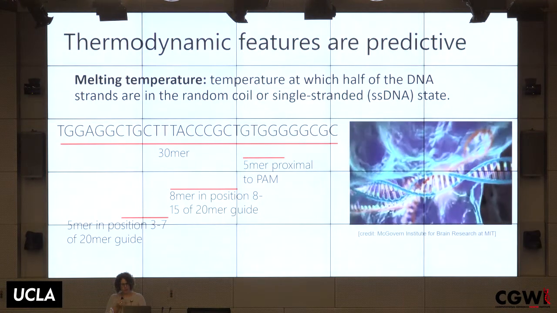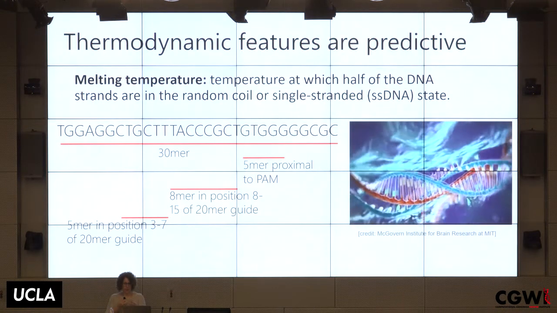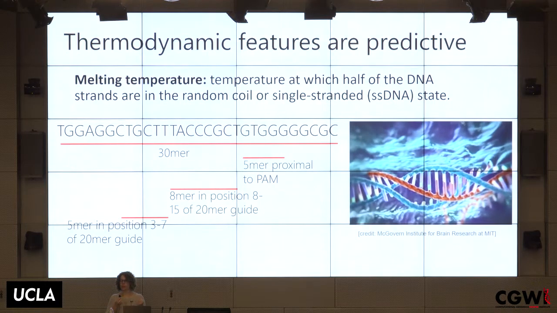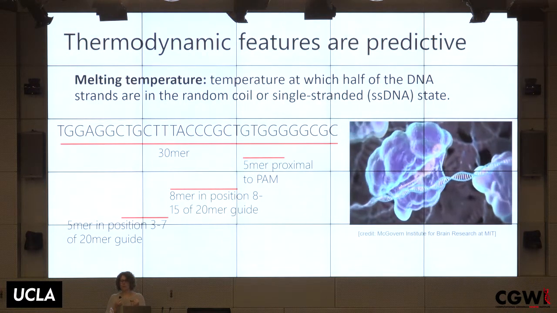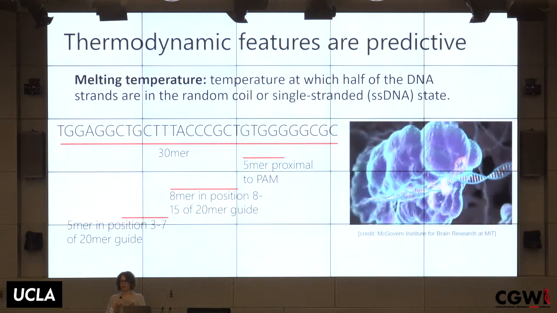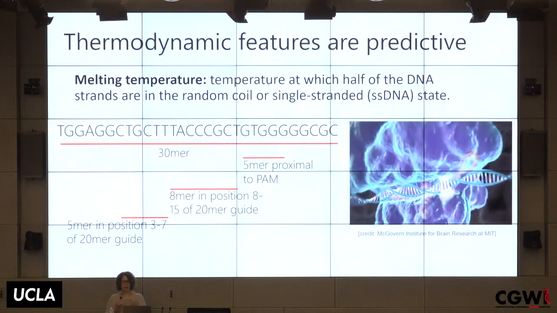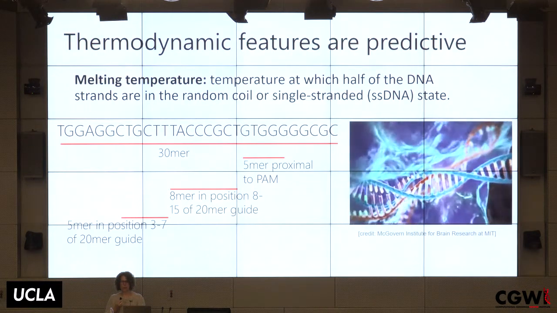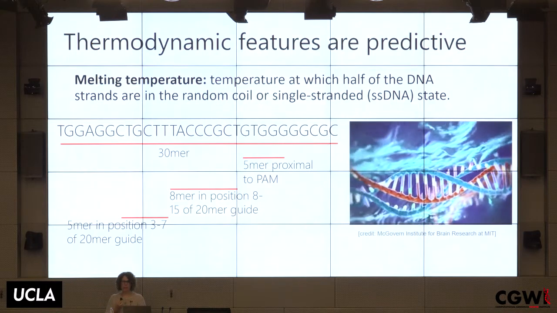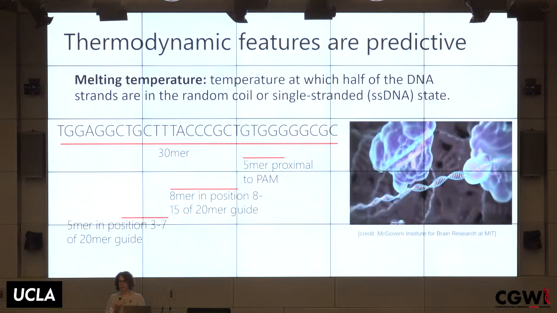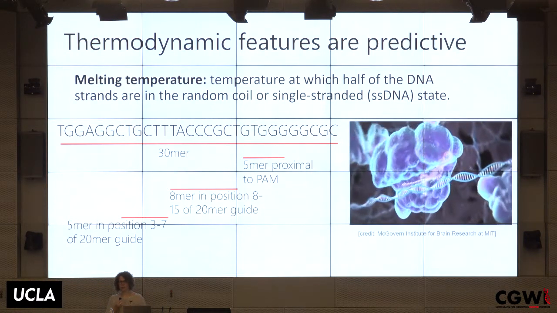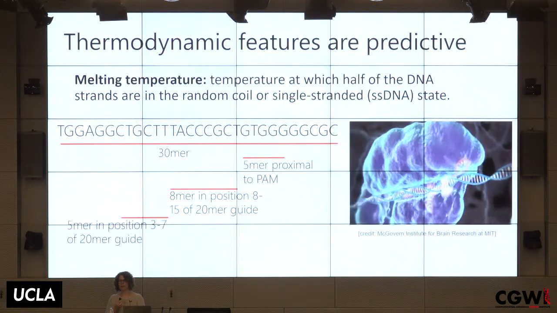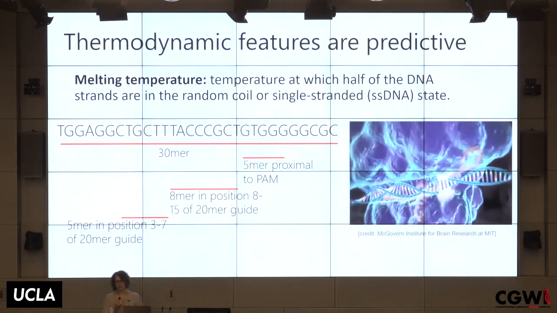And as you can see, it has to pull apart the double-stranded DNA. And this depends a lot on the thermodynamics, which in turn depends on the sequence properties. And so this is the kind of thing that even if you don't necessarily know about it, if you have enough data, machine learning can automatically extract. Of course, we actually don't have a lot of data. And to the extent we have someone who gives us insight into which features might be good, this turns out to be very useful.